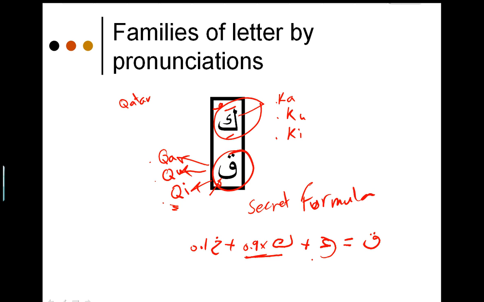Now that's really close to the Q sound, but it lacks just a hint of a Kha, which comes even from the back of the throat. Even sometimes when I try to exaggerate the Q, I hear myself saying Q. There's a Kha sound in it.